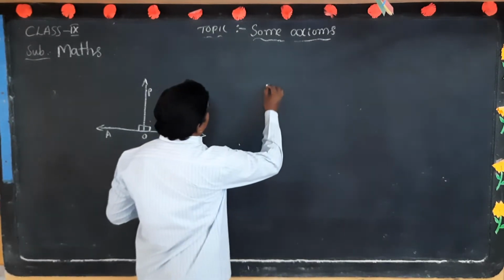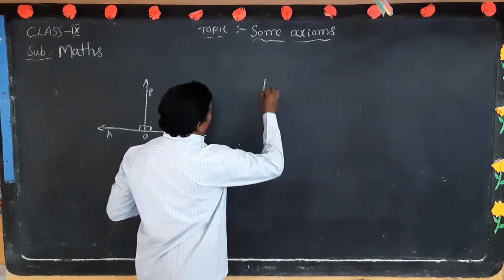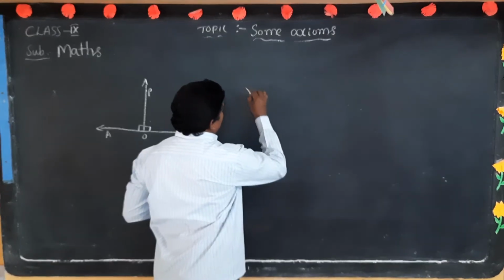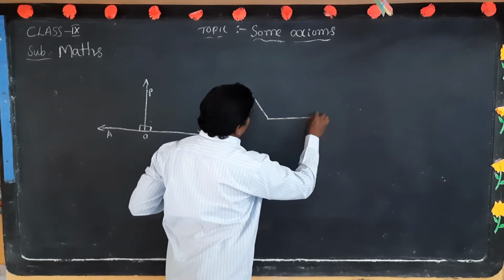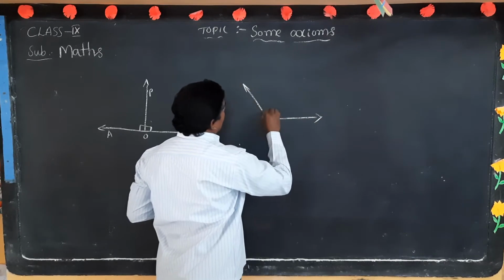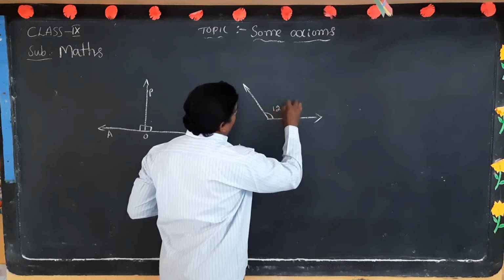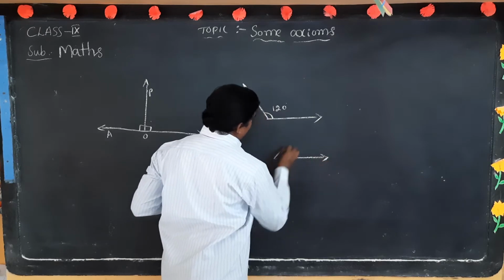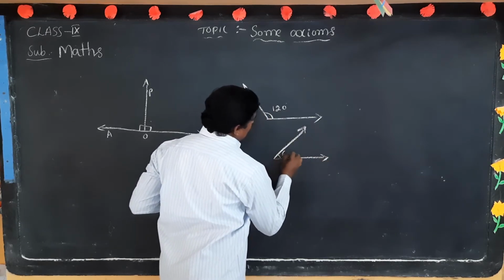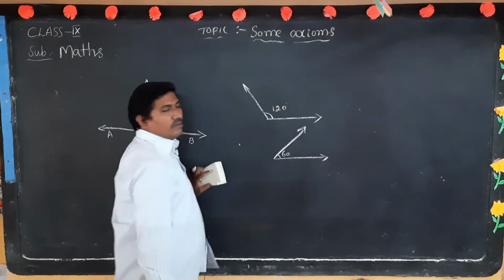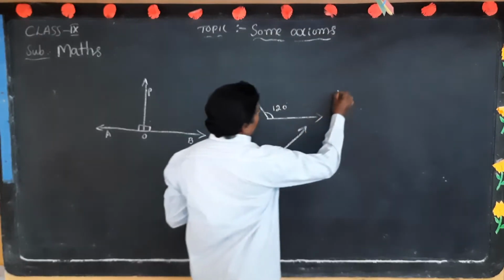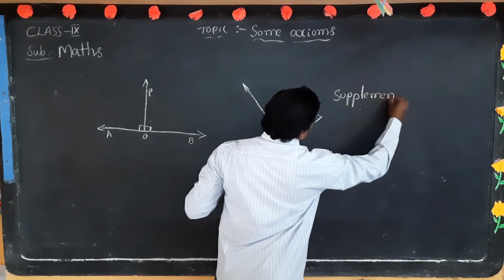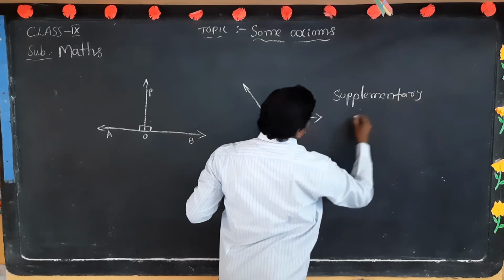Next, here 120 degrees, here 60 degrees. 120 plus 60 is equal to 180. So these are called supplementary angles.